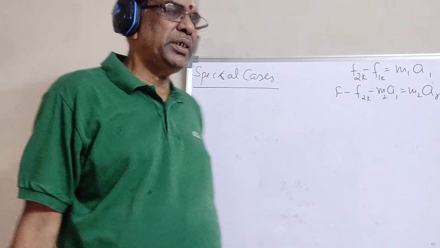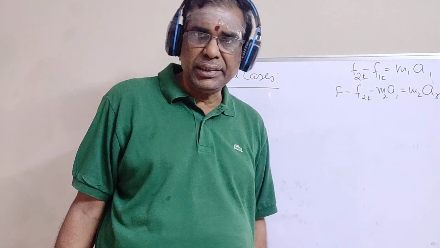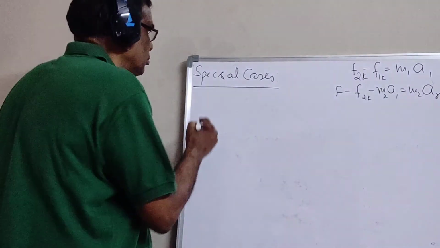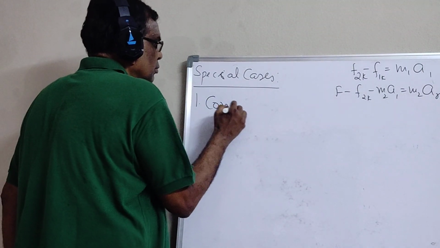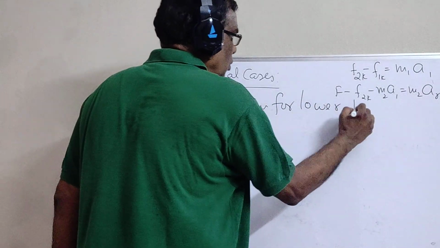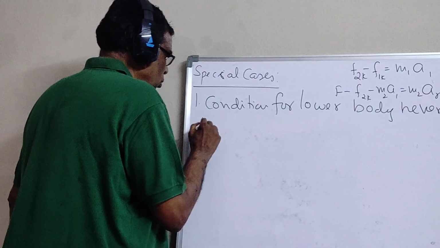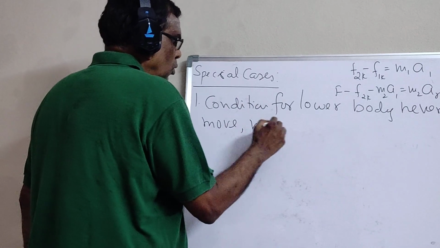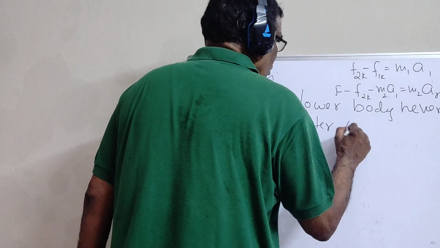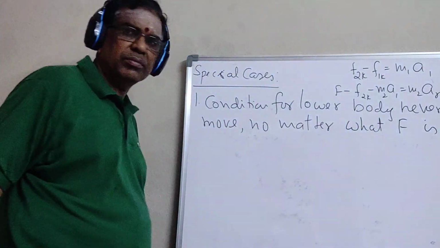How do you go about the special cases? First of all, what is the condition for the lower body never to move, no matter what F is?